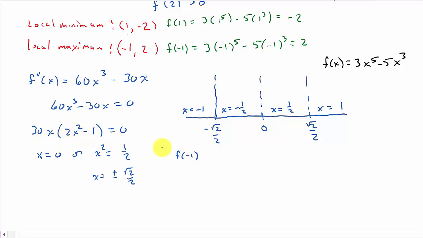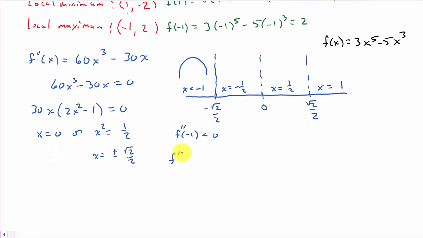Well, so if I plug the -1 in, that's going to be what? That's a negative out here, right? 30 times -1. And then if I plug the -1 into here, that's 2 times 1 is 2 minus 1. That's positive. So I have a negative times a positive. So that's negative. So that means it's concave down. And I'm sorry, that should be f double prime.